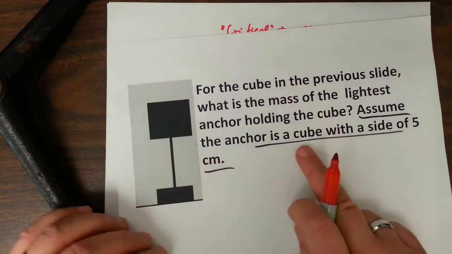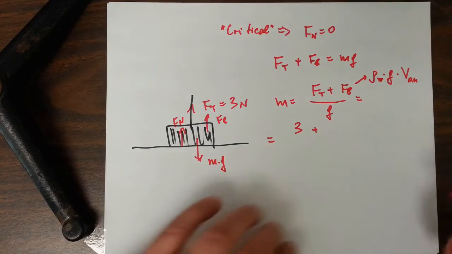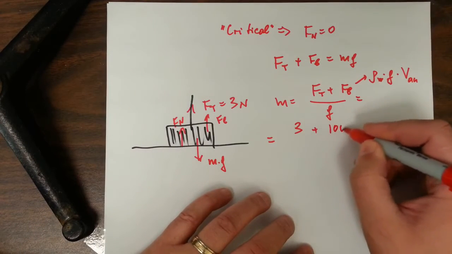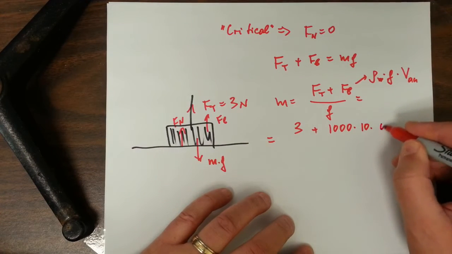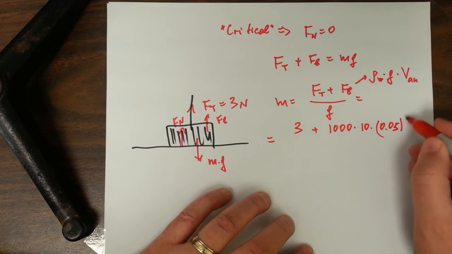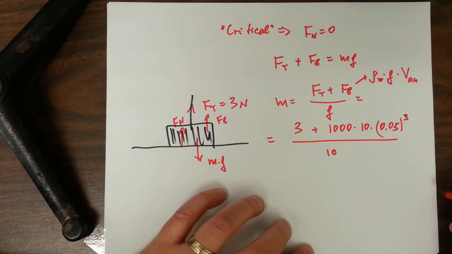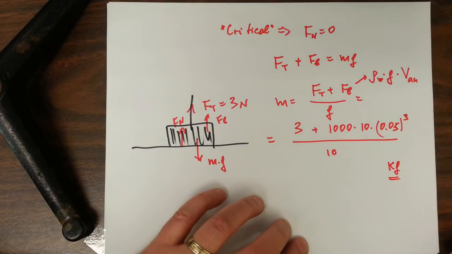So if the anchor is a cube 5 centimeters by 5 centimeters by 5 centimeters, in that case we have to calculate this product. 5 centimeters converted in meters cubed, and the whole thing divided by 10 again. So that's going to be in kilograms.